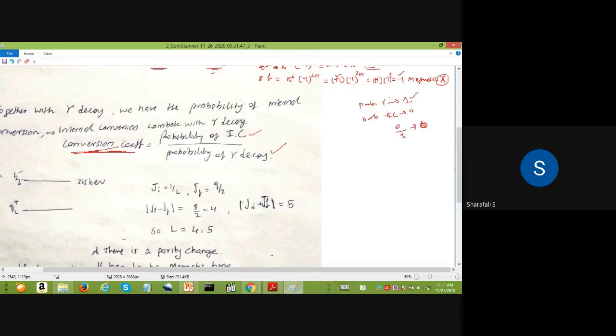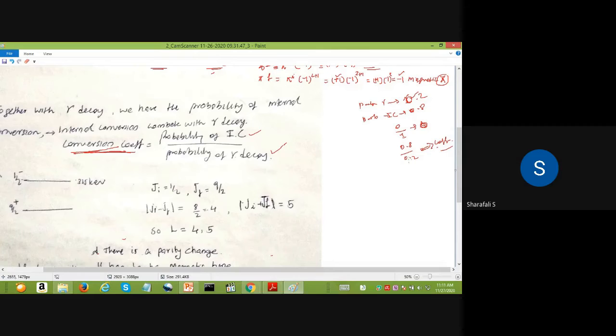Or if you consider some higher value for internal conversion, let's say 0.8, and you have 0.2 as the probability for gamma, then 0.8 by 0.2 will give you some value corresponding to that coefficient.